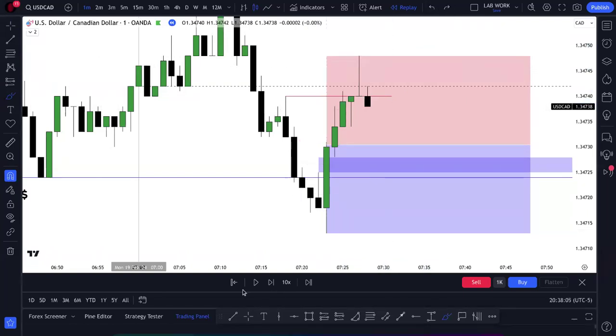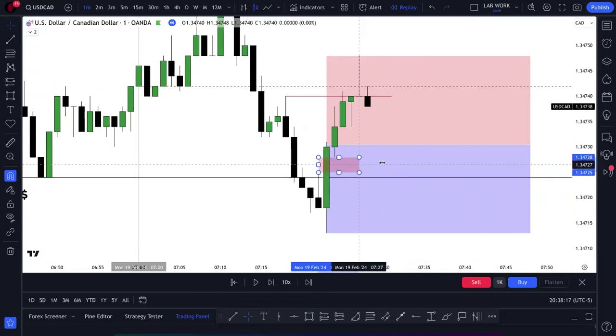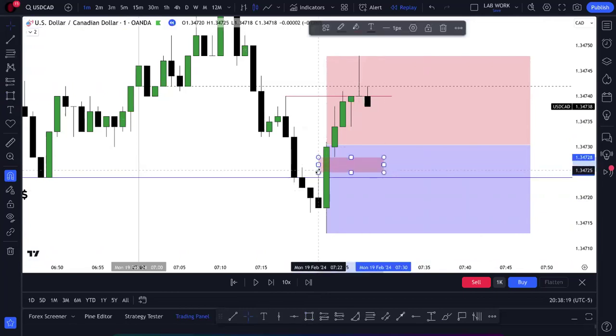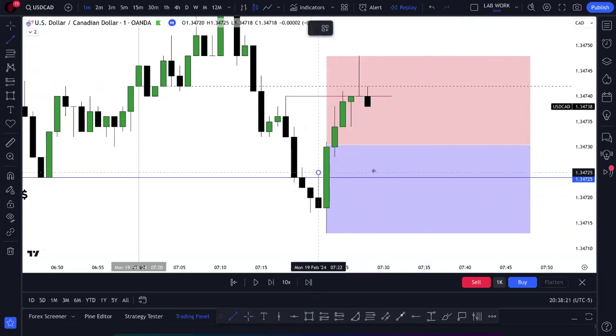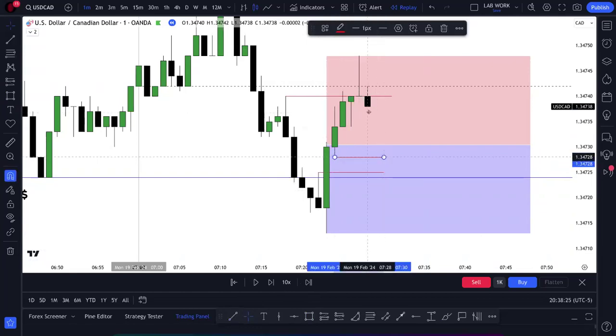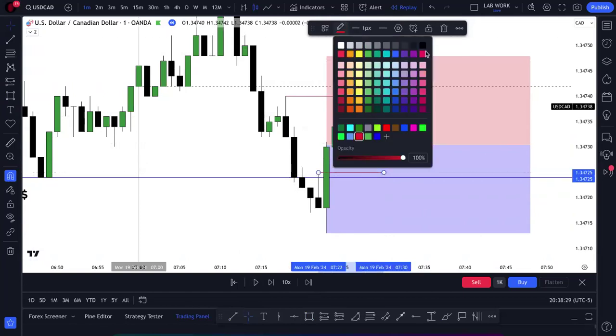So looking at this, what can we do? We could use that PD array matrix. We're going to be looking for what? Certain PD arrays that are either going to be in a premium or a discount. Like I said before, we had that fair value gap. Let's mark it off like this. We have this one fair value gap here, a discount fair value gap.